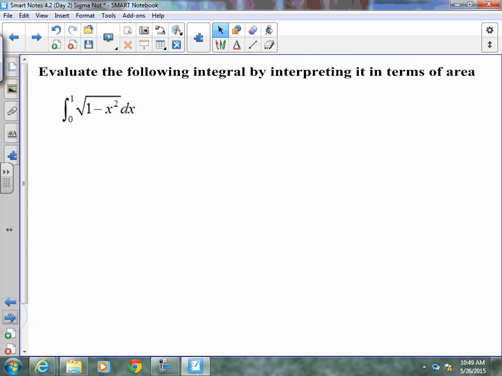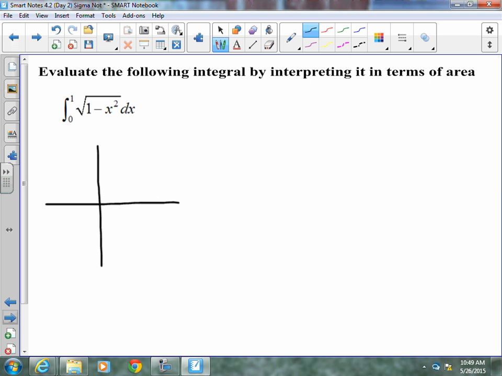Sometimes you'll run into a lucky situation where it is a shape that you know how to find the area of. Let's talk about this one, for instance. The radical of 1 minus x squared is half a circle of radius 1. And they want us to find the area, according to this integral, from 0 to 1.